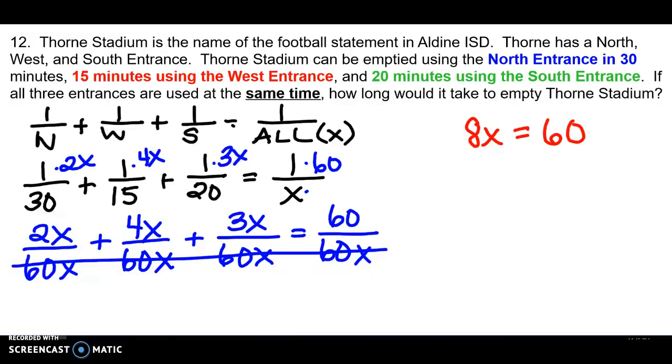That's 9x equal to 60. When we solve that, we're going to divide both sides by 9. And when you use your calculator to divide by 9, you should get 6.666 repeating, which could be written as 6 2/3 minutes.